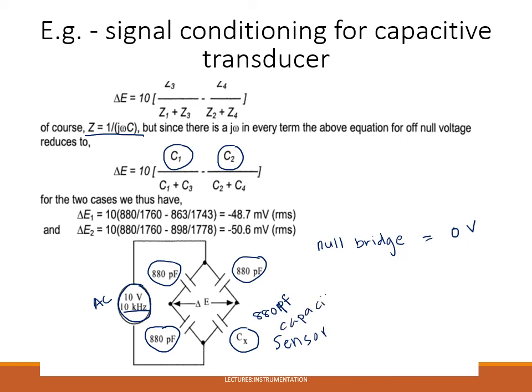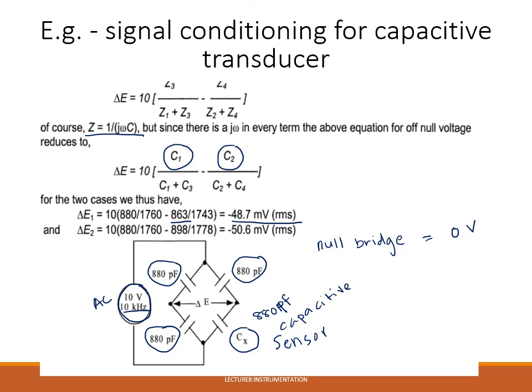Now let's say the displacement has changed so that the capacitance goes from 880 at the initial to 863. Due to that, we can see that the voltage output has also changed.